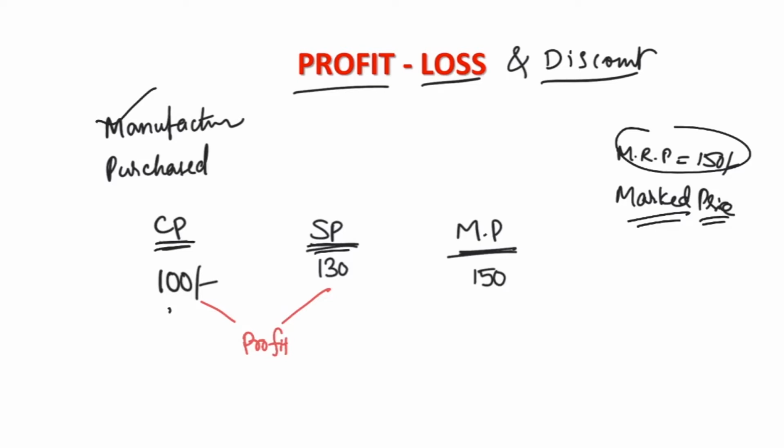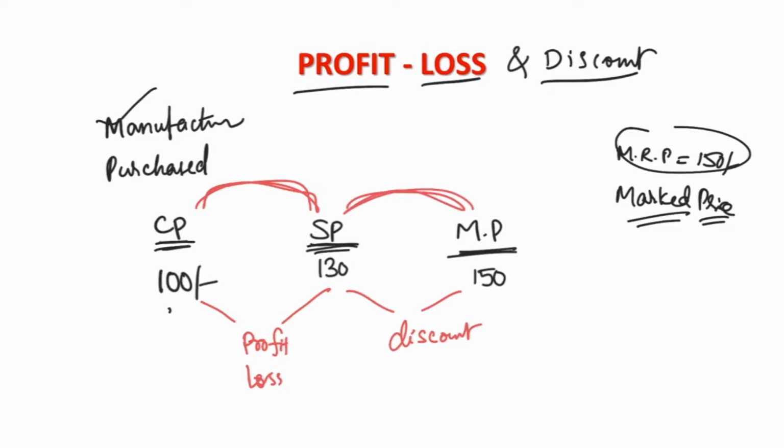If cost price is more and selling price is less, we get loss. So profit and loss are in between CP and SP. It is labeled at 150 rupees, sold at 130 rupees. There is a discount.